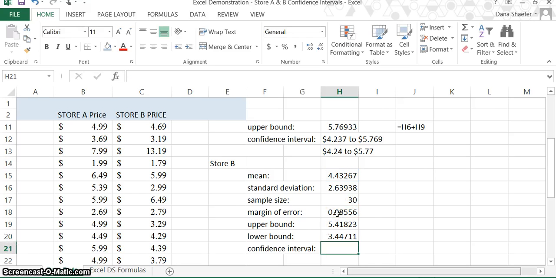So my confidence interval is going to be, so let's put my $ in here, and let's interpret it to the 3 decimal points for the right rounding. 3.447 to 5.418.